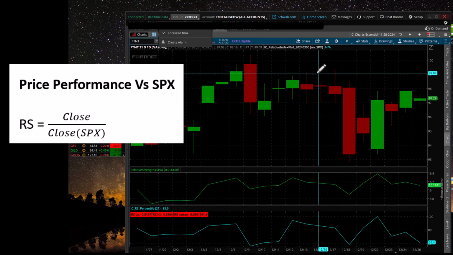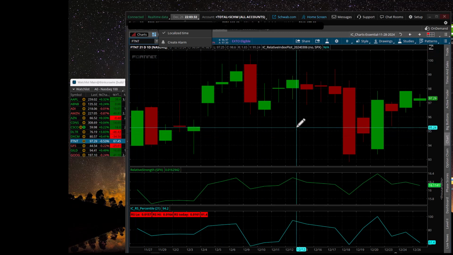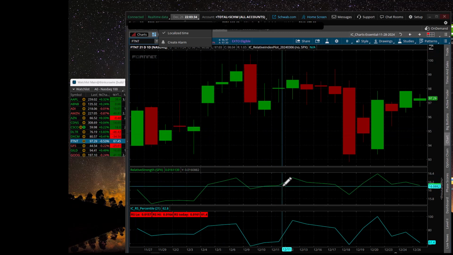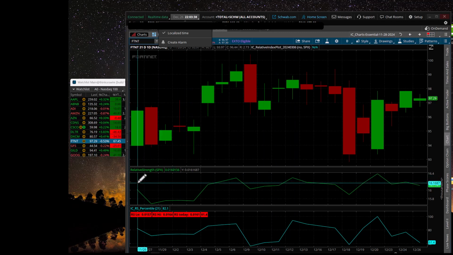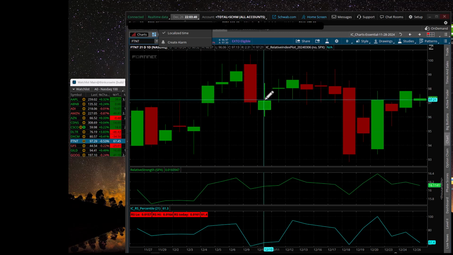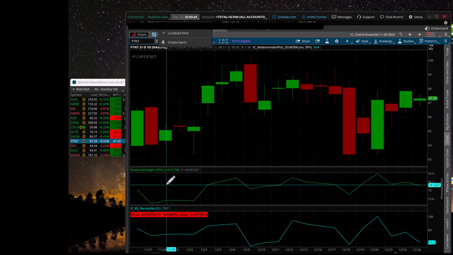On this particular chart, we've got the bars for the symbol. We've got a period of 21 days that we're working with. And in the second subchart, this is a plot of the actual relative strength of the stock Fortinet versus the S&P 500 index.